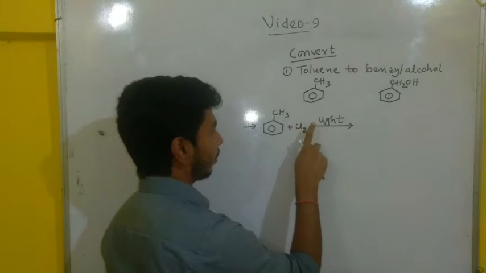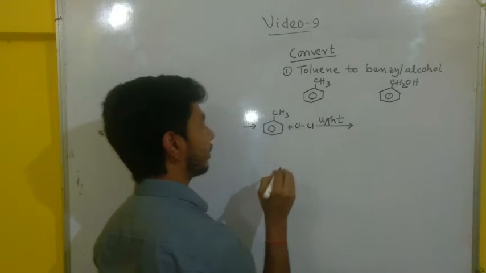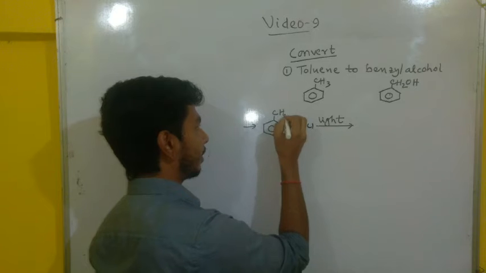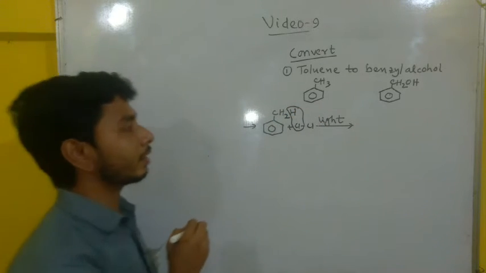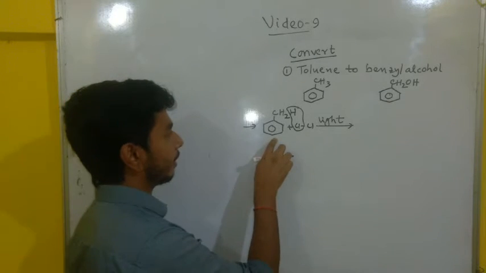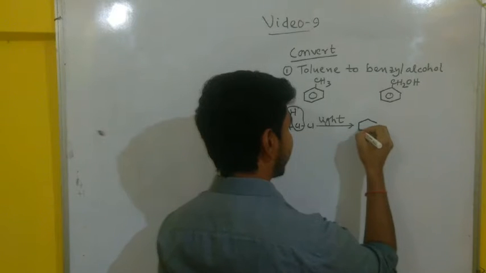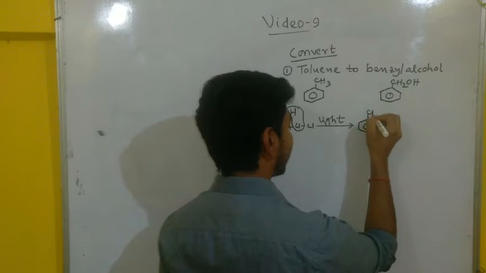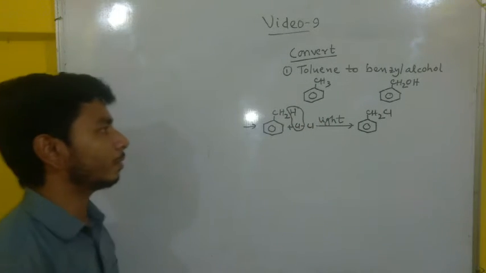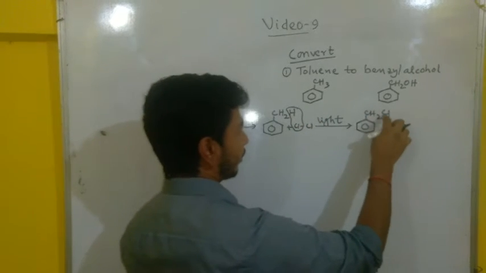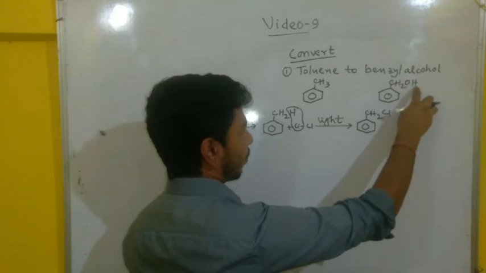Cl2 is written as it is, and CH3 can be written as CH2H. So H and HCl is removed, giving benzene CH2Cl. Now here it is CH2Cl, and in our final product it is CH2OH.